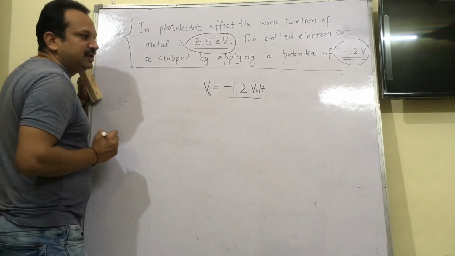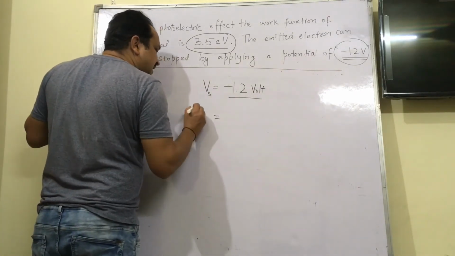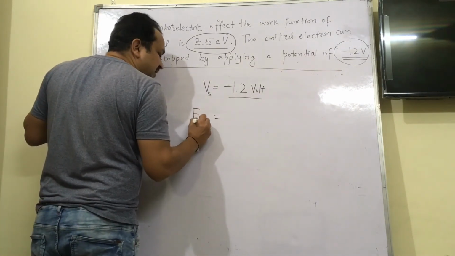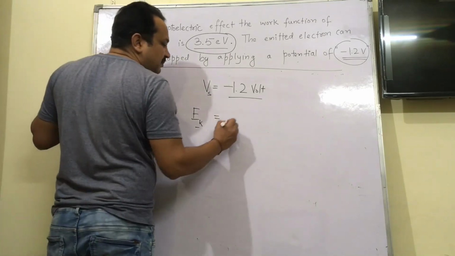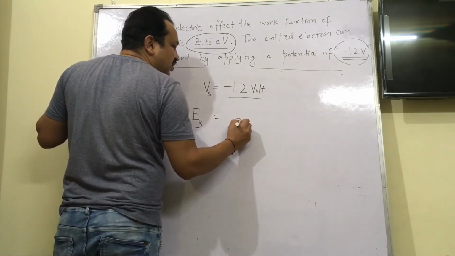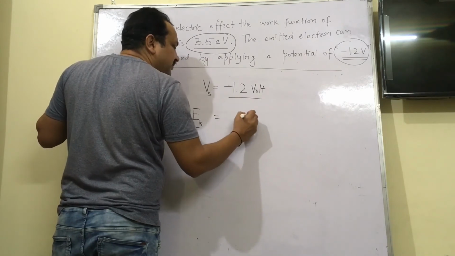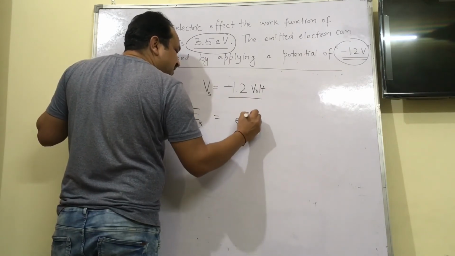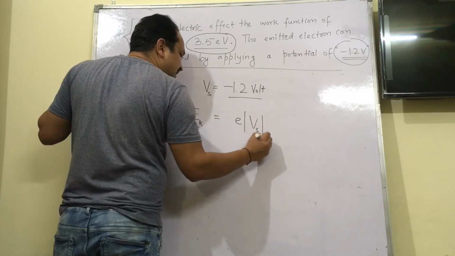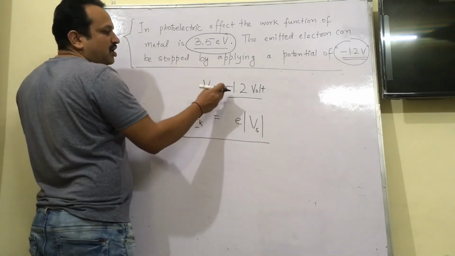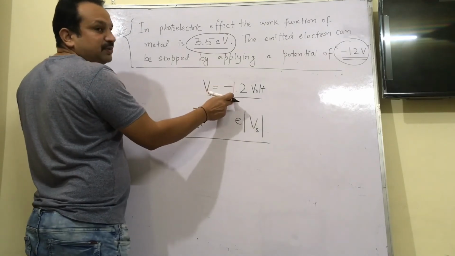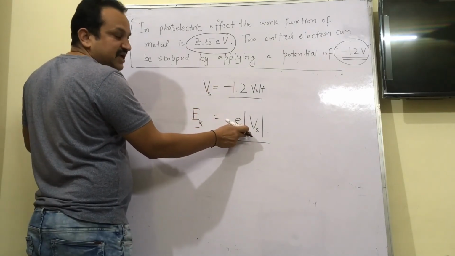What does it mean? It means in the form of kinetic energy, I can write this stopping potential in electron volt. So always keep this stopping potential with a positive sign.